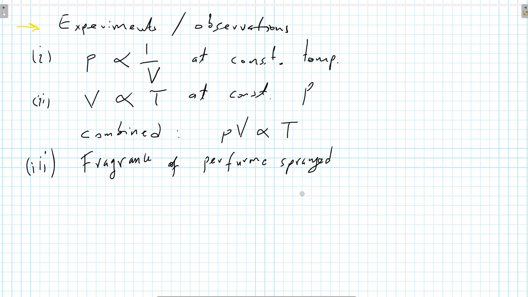this idea that one can imagine that the molecules making up a gas, for example the perfume coming out as molecules, usually have very high speed.